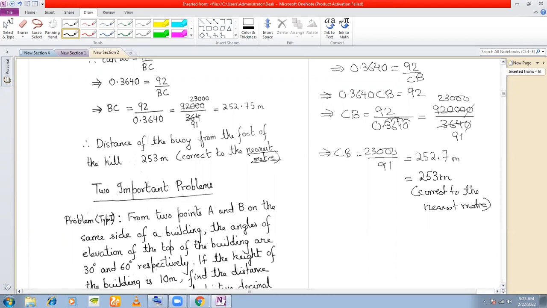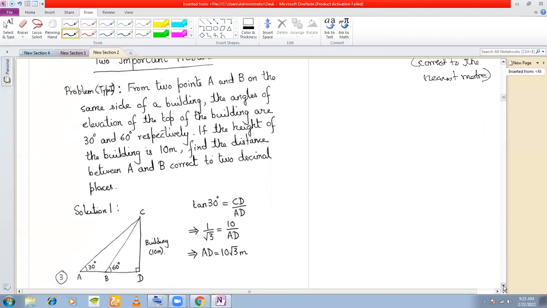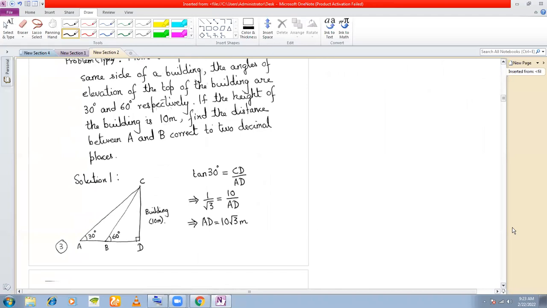Okay, fine. Now, I will not discuss the next problem, but what I'll do here is tell you something very basic. See, in heights and distances, there are two fundamental types of diagram that you will come across in all your problems. Exactly all your problems. There are exactly two kinds of fundamental figures that you are going to come across. What are those figures?